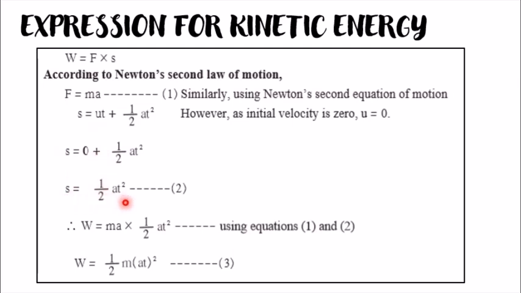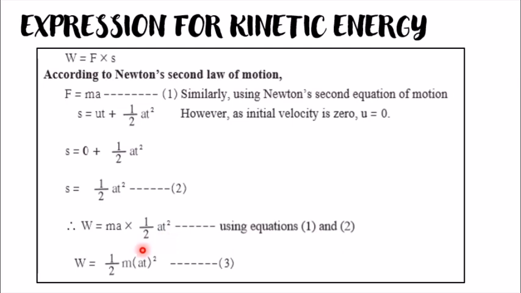Now these two things, that is F is equal to m into a and S is equal to half at square, we are putting in this formula. So work will be equal to, instead of force, we will write m into a, that is mass into acceleration, multiplied by S. Instead of displacement, we now have the formula for displacement, that is half at square.